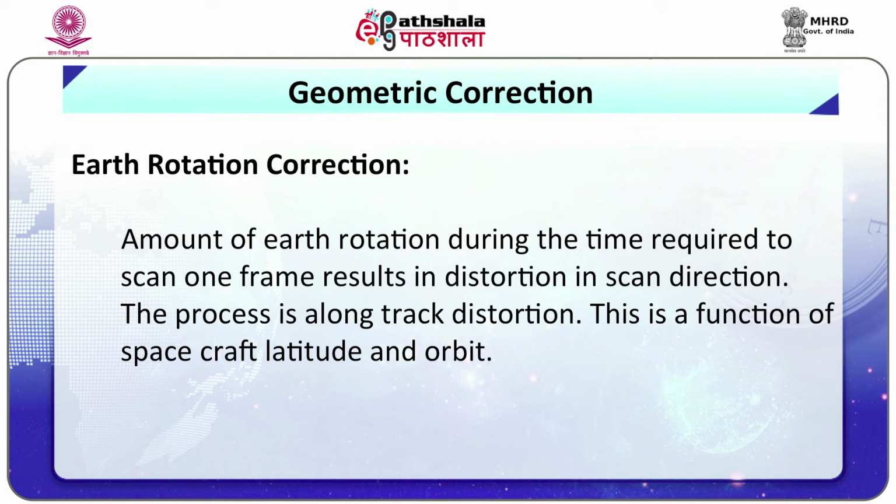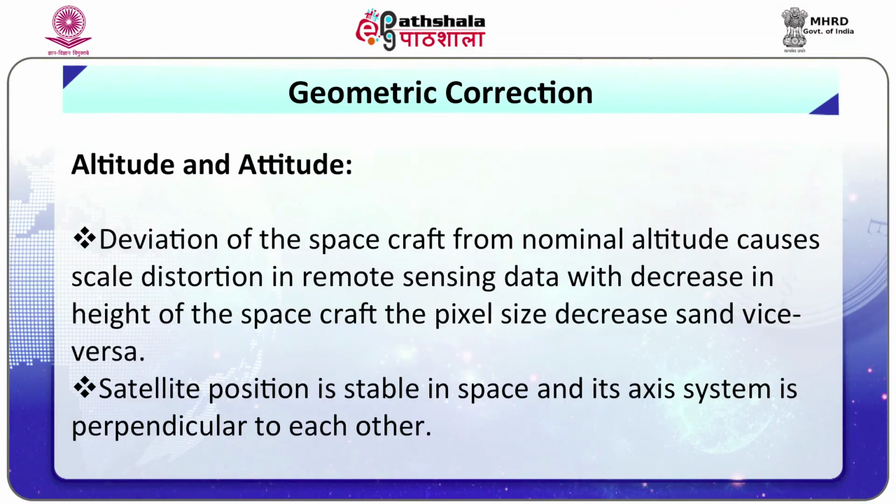This is a function of spacecraft latitude and orbit, as shown in figure 14. Altitude and attitude deviations of the spacecraft from nominal altitude cause scale distortion in remote sensing data.